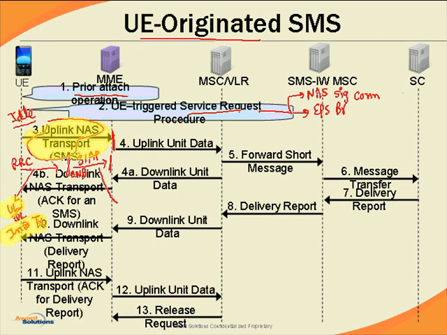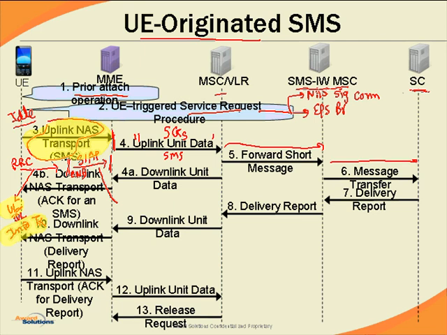MME would use the SGs interface with the MSC to send an uplink unit data message that carries SMS, and the MSC works with the legacy network. So for SMS, this is the interworking MSC, and this is the SMS service center. So that message is forwarded to the SMS service center.